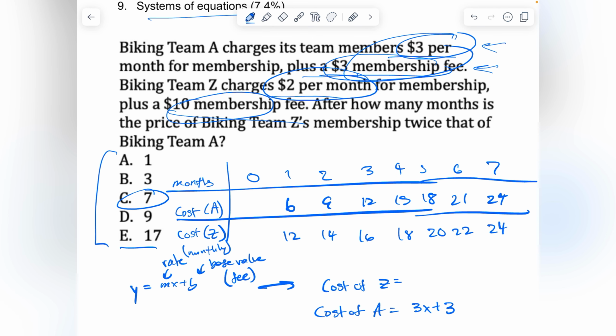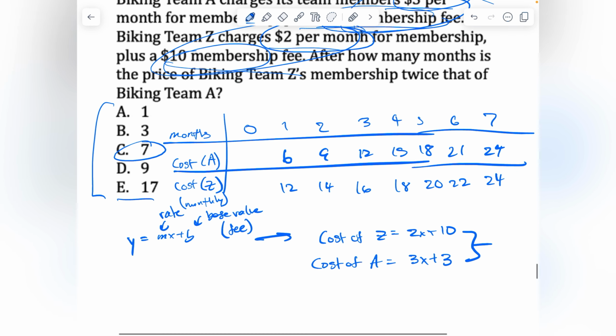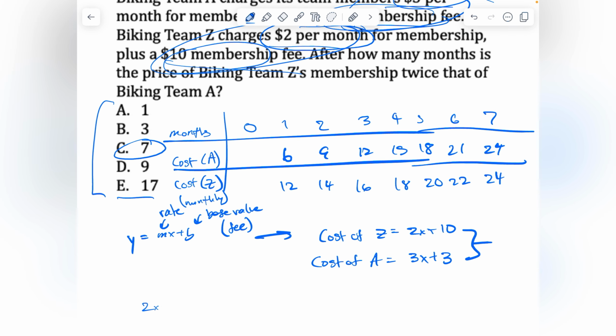And Z is going to be $2 per month plus $10 membership. You're trying to find when the costs are going to be the same. What you are going to be doing is make 2x plus 10 equal to 3x plus 3 and find at what value of x they line up. If you solve this equation, subtract 2x, so 10 is equal to x plus 3, subtract 3, x is equal to 7. You get the same answer.